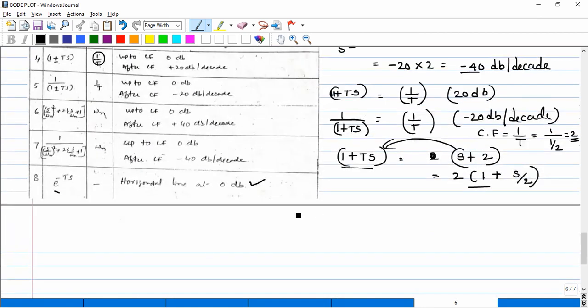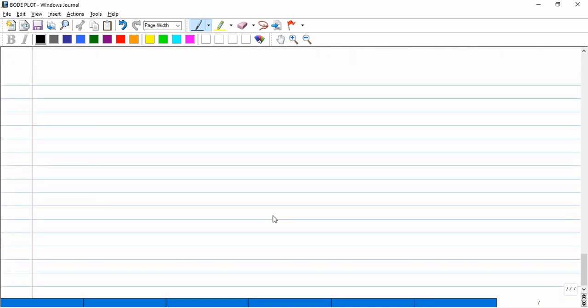Okay, so let us start the first problem. The problem statement is as follows. Students, please take down this problem and practice.